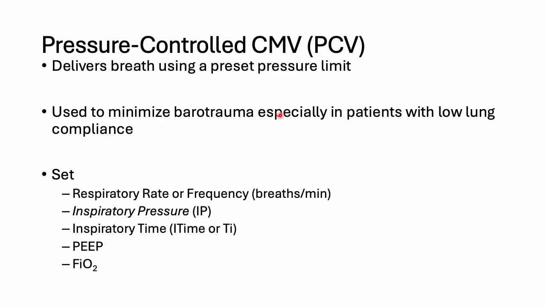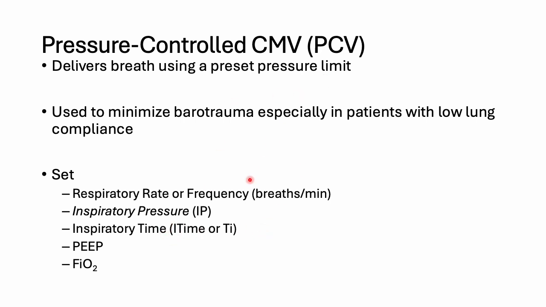So let's talk about the controlled mode, or the machine breaths that are delivered by pressure. The concept of the phases of mechanical ventilation that we talk about, the mechanical breath, when we have the initiate and then the limit, which is the inspiration. If you go back to the slides in the first lecture, this is the part where we set a pressure to limit the breath in addition to time.